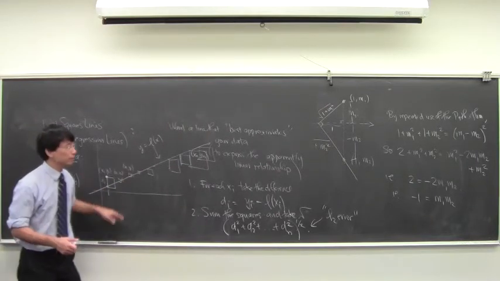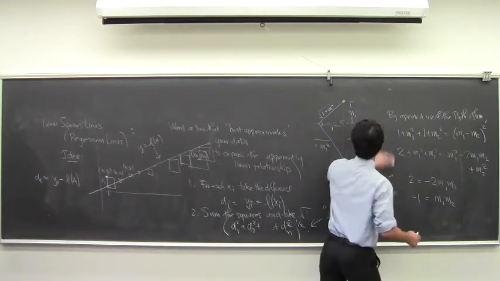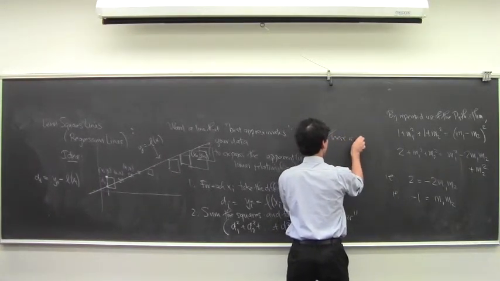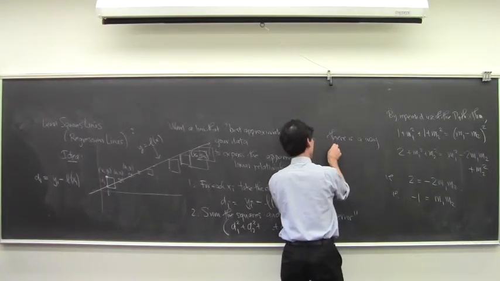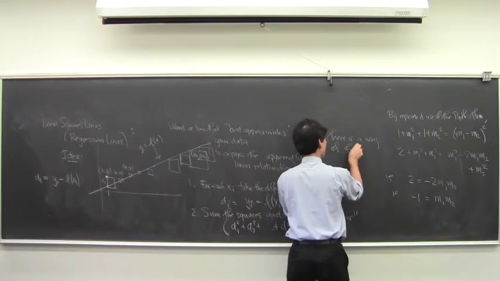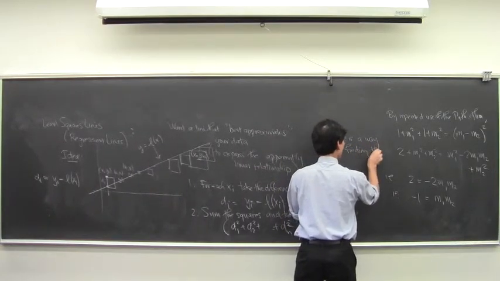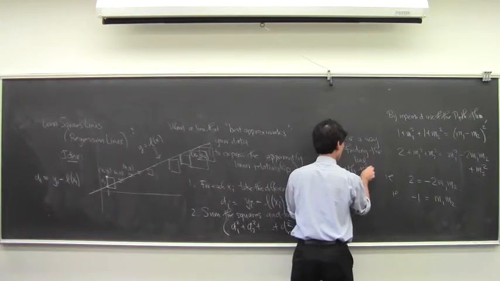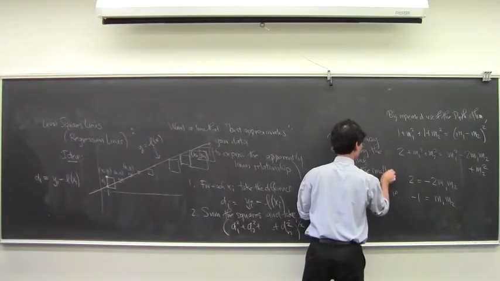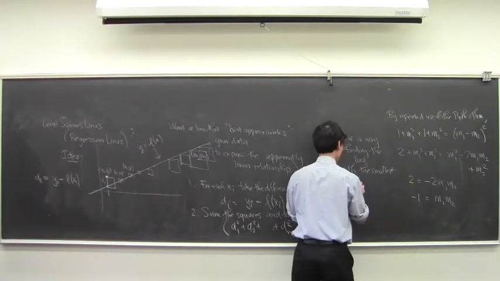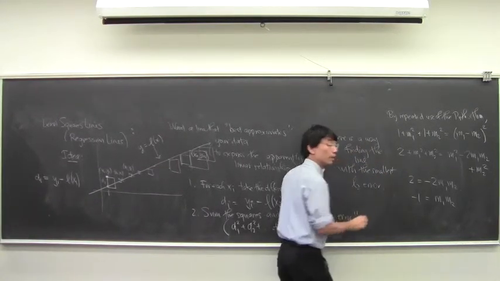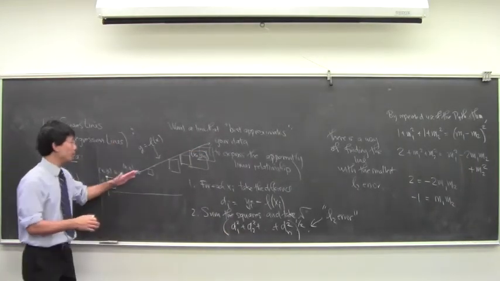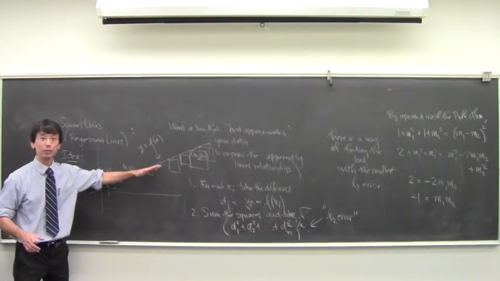There is a way of finding the line with the smallest L2 error, the line that makes the smallest sum of these squares.